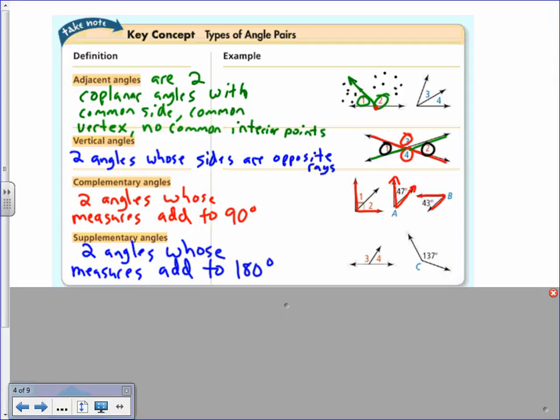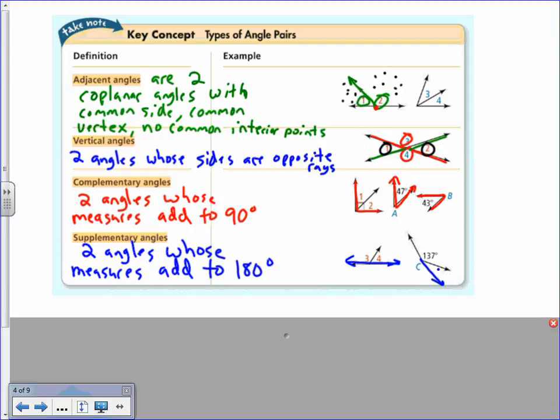Right here, 3 and 4 would be adjacent angles. We have to extend this, I think, to have the other part of that supplementary angle here. But 3 and 4 would add up to 180 degrees because that total is a straight angle. Straight angles add up to 180. So whatever 3 is plus 4 is would get you to 180, or the measures of those.